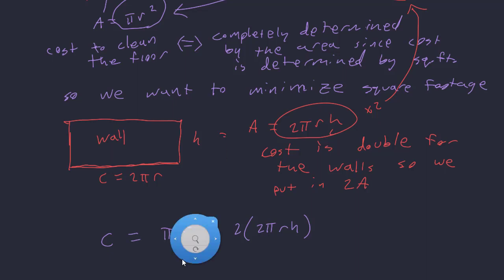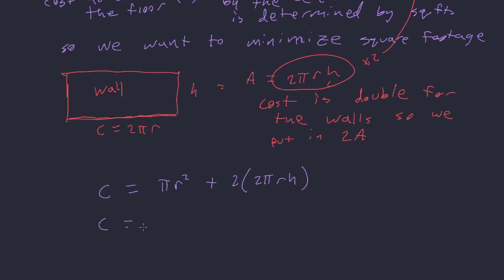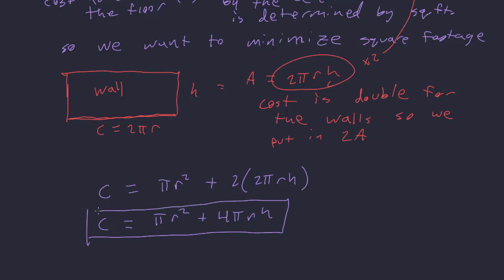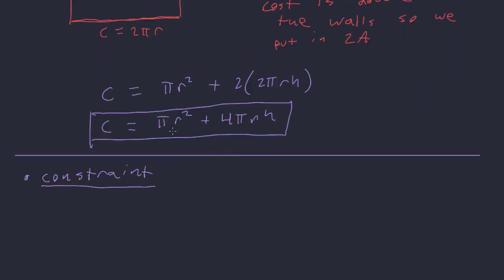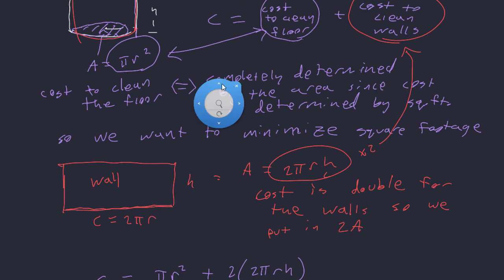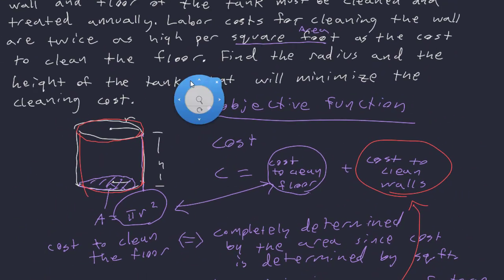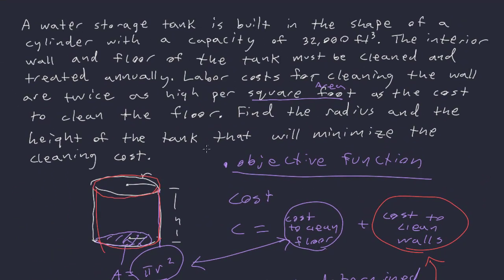So our objective function finally is pi r squared plus 4 pi r h. This is what we want to minimize. Next up, we need to find the constraint. It might be easy to forget, since we did a lot of work to talk about the cost, but the constraint is given to us at the beginning.